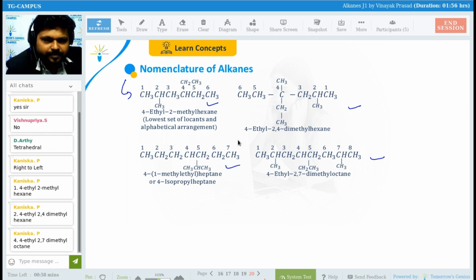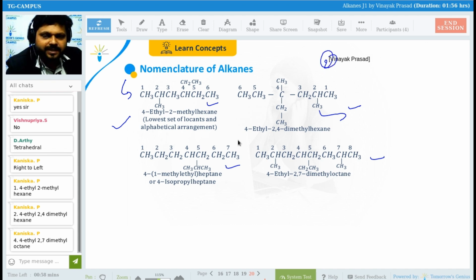So 4 ethyl and 2 methyl hexane. That is correct. Now this one. If we count from right to left, 1, 2, 3, here we have methyl at the second position. That's why we will be counting from right to left, right?